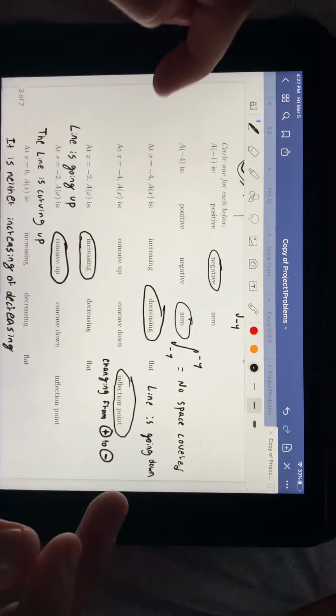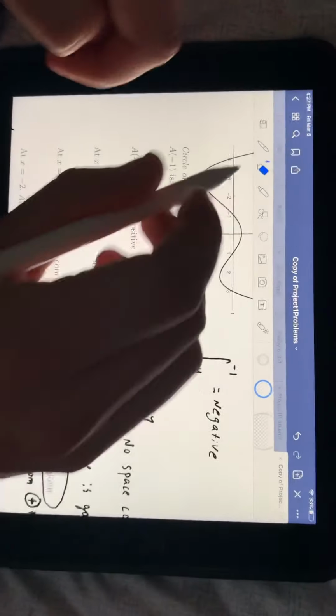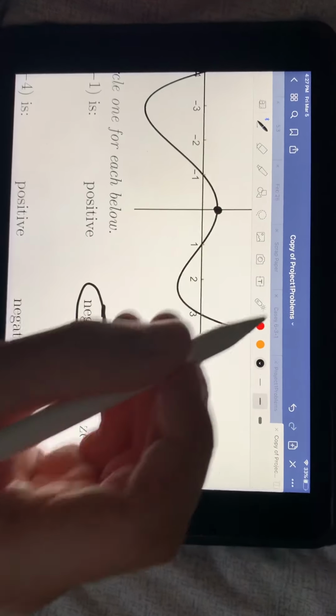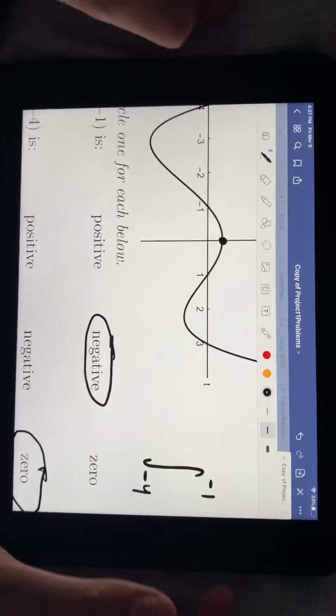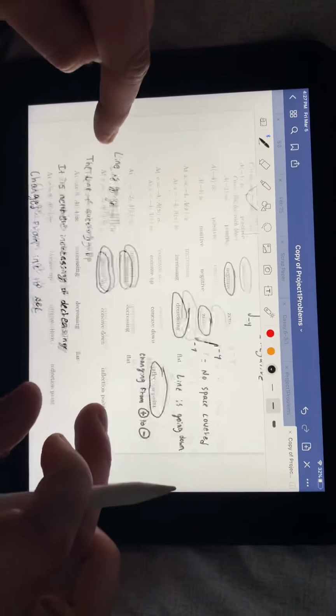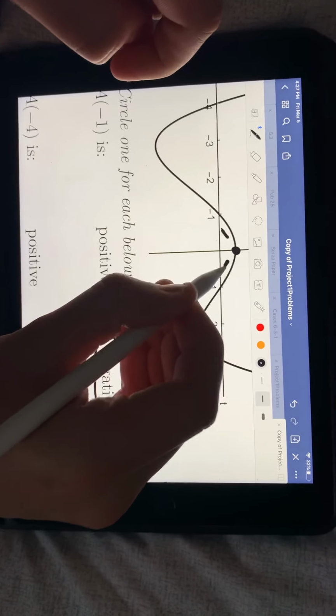Okay, at x equals 0, this point is right here. This point here is nowhere increasing or decreasing, so that would be a flat point. See, it's increasing here and decreasing here. It's flat there.